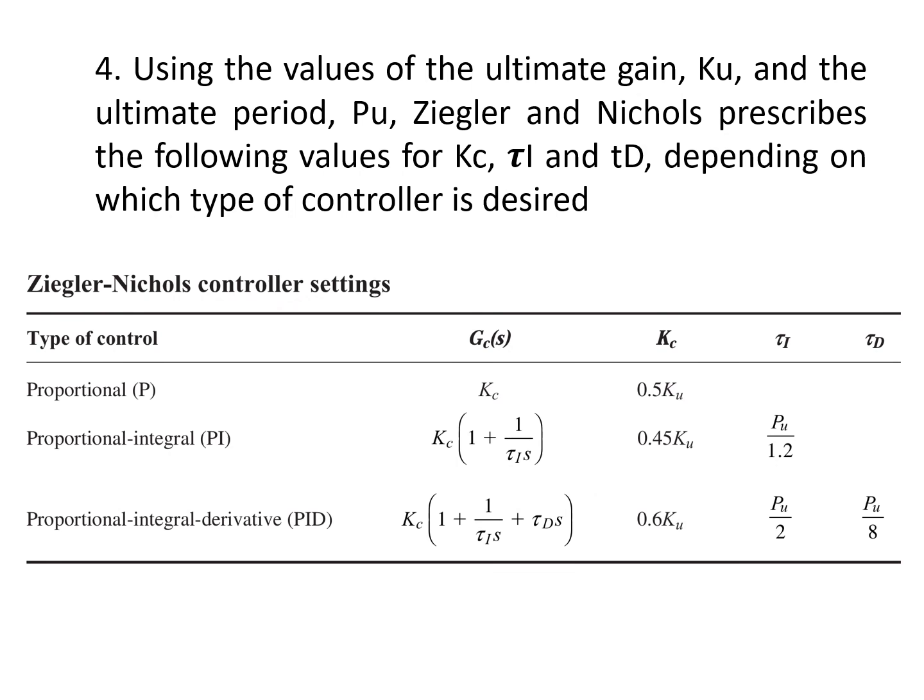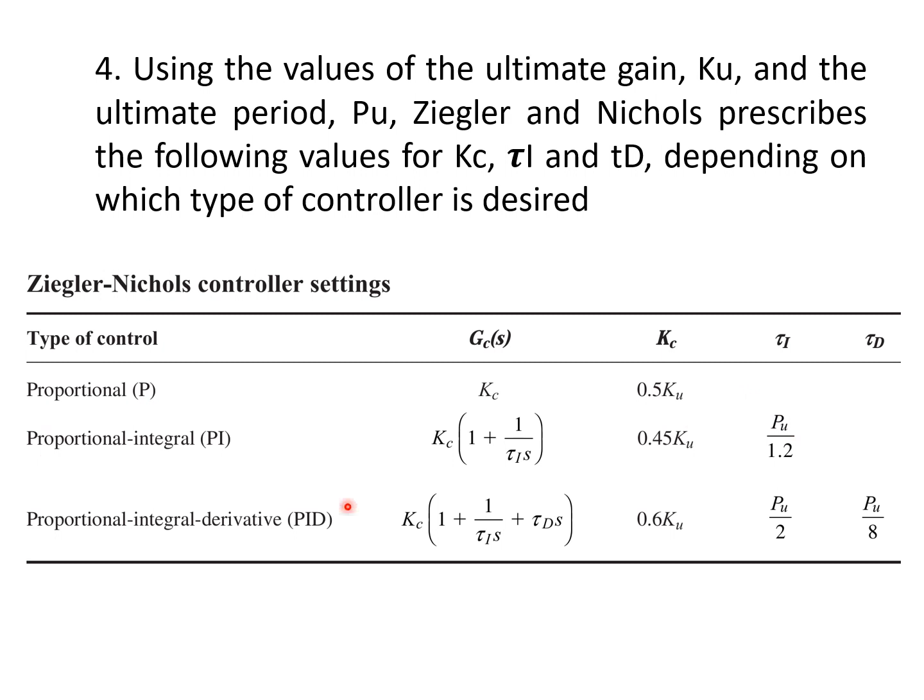Then start to use these values, the ultimate gain and the ultimate period, and feed them into the controller settings set up by Ziegler-Nichols. If you have just a P controller, you can use the formula here, 0.5 of KU.